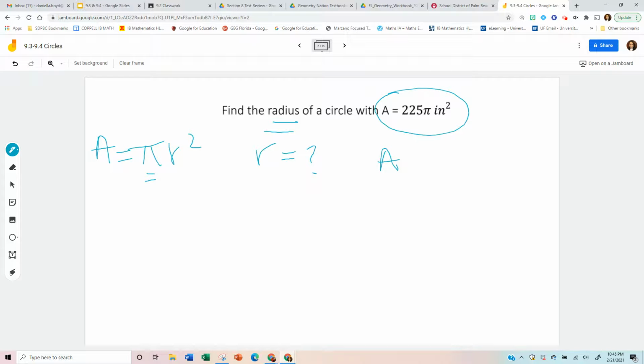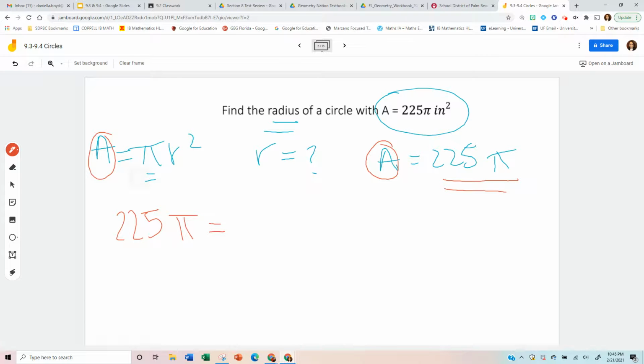Wherever I see area in my area formula, I'm going to replace it with 225 pi. So now my equation becomes 225 pi, I can't forget the pi, equals pi r squared.